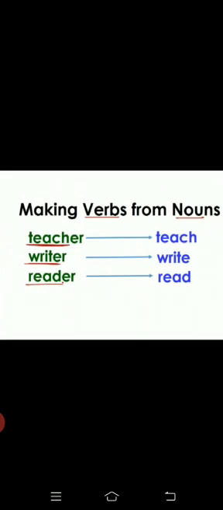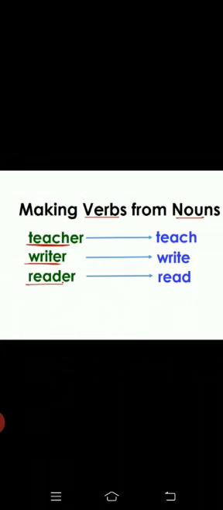Like friend, if I add be to it, it becomes befriend. Fool, adding be again, it becomes befool. Beauty becomes beautify. Fine. So these are a few nouns which make verbs as well.